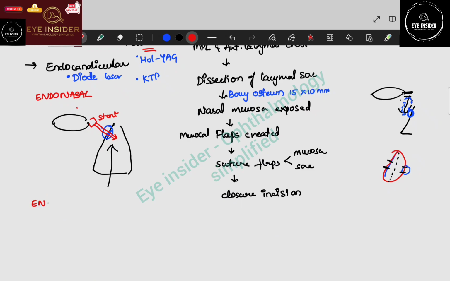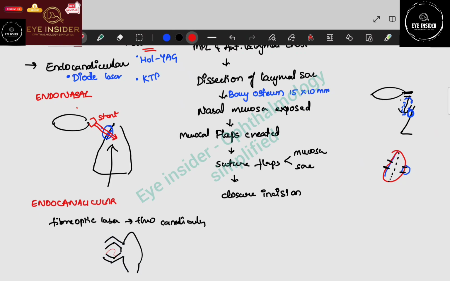So this fiber optic laser will go through the canaliculus, and from there it will go into the sac, and in the sac it will create an opening. From there it will go into the nasal cavity.